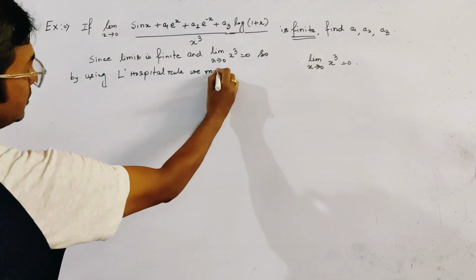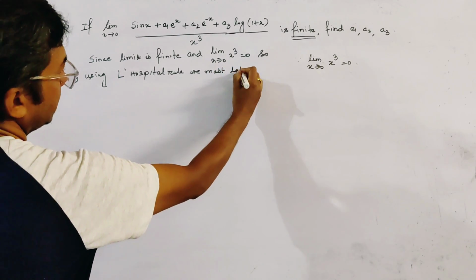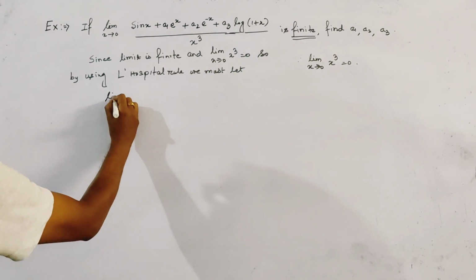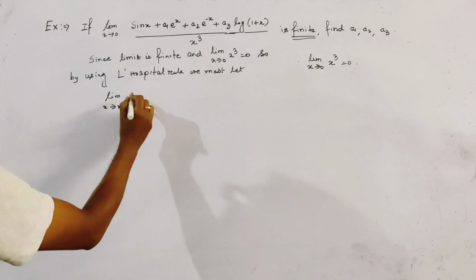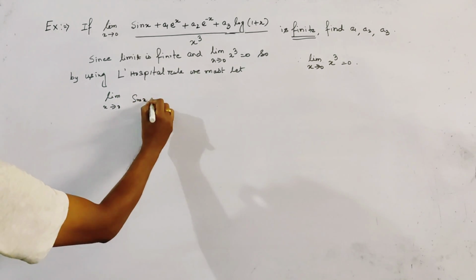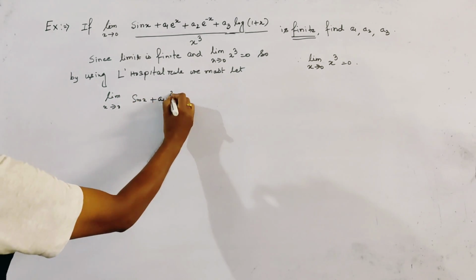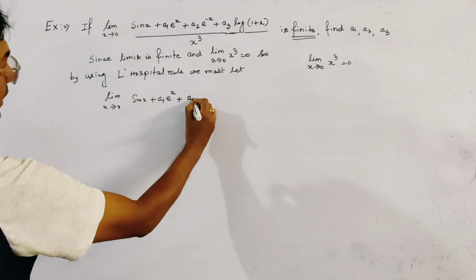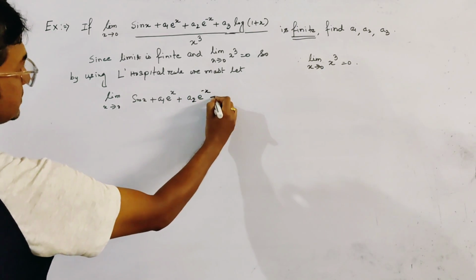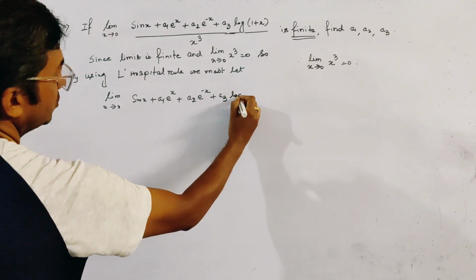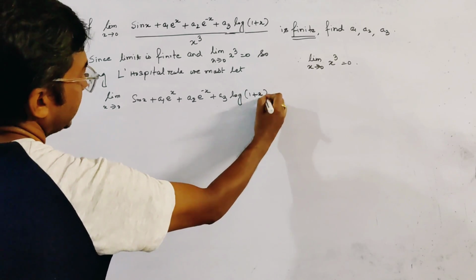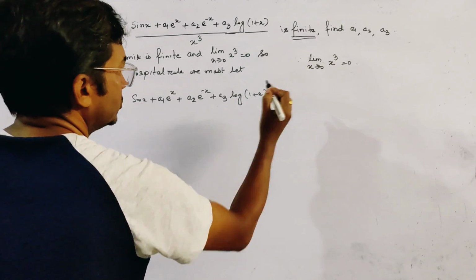we must have the limit as x tends to 0 of sin x + a1 e^x + a2 e^(-x) + a3 log(1 + x) equal to 0.